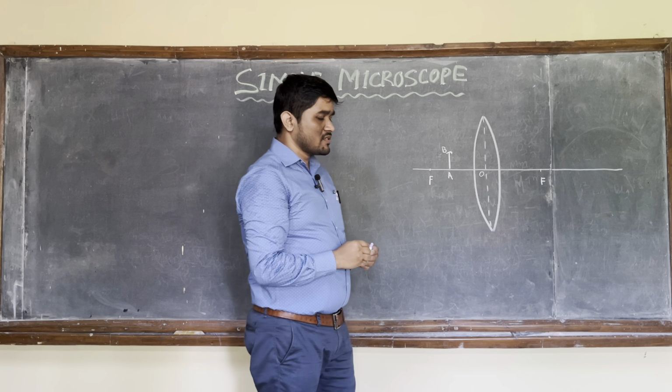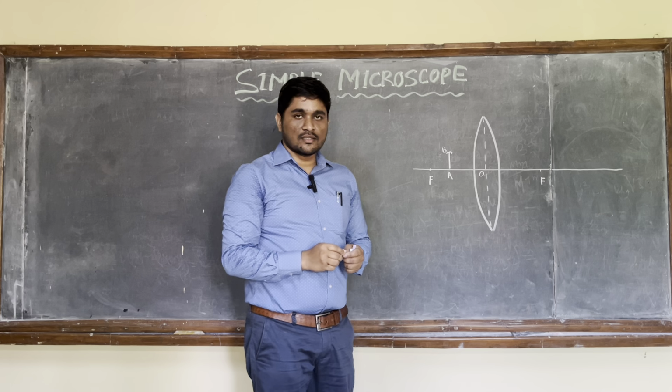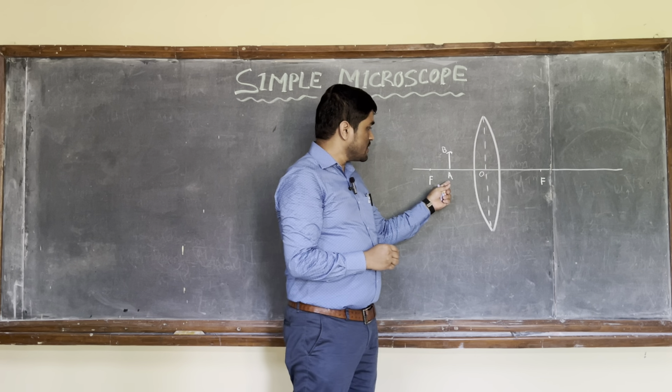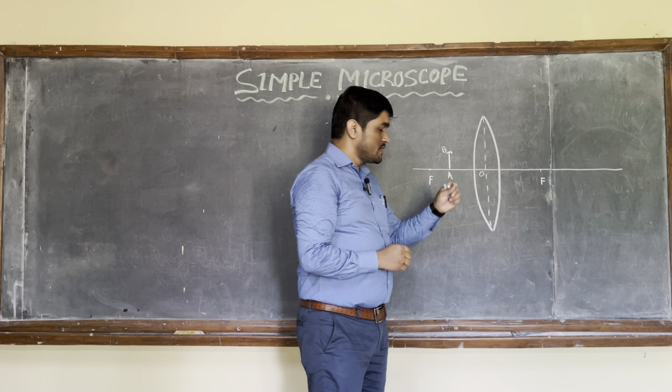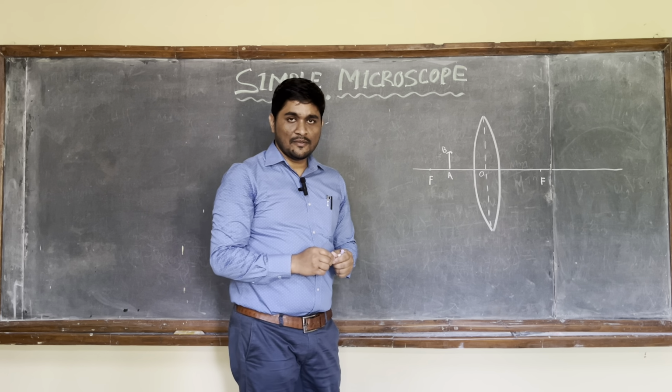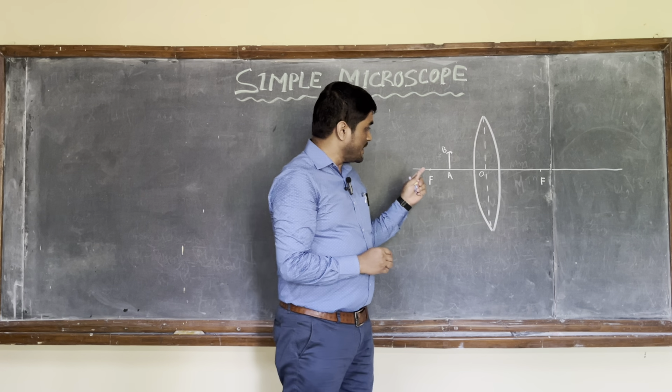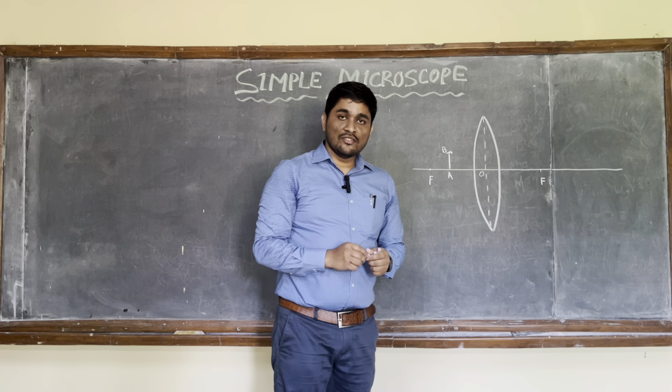And in previous class we had already discussed when the object that is placed in between the focus and the center of curvature, then you will find a magnified image.